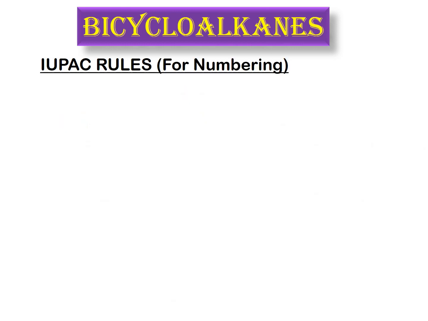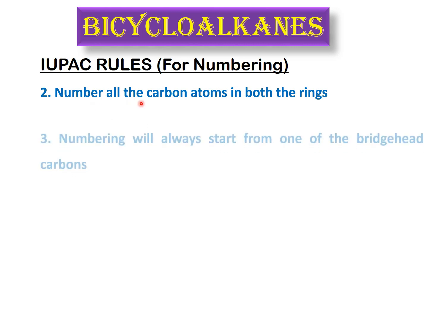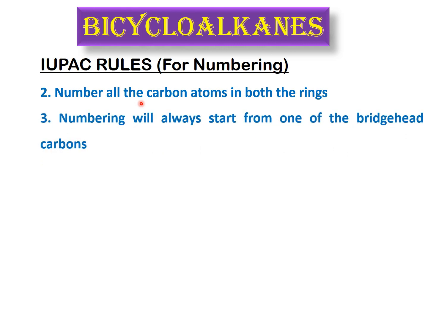Now, what are the IUPAC rules for numbering of the carbon atoms in the two rings? Obviously you have to number all the carbon atoms in both the rings. Remember that in this case, the numbering will always start from one of the bridgehead carbons. You have two bridgehead carbons, and the numbering will always start from one of these two bridgehead carbons.